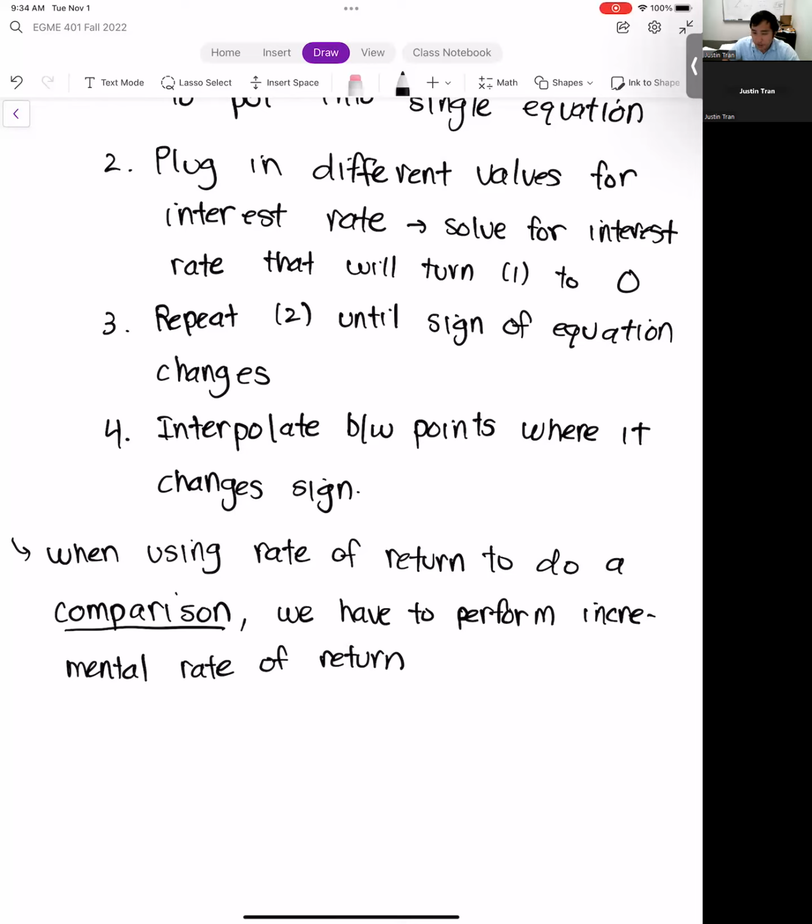And what that means is that instead of taking the rate of return individually for each option, we're going to take the difference between those two. Okay. And so for this one, the important thing is that you're not supposed to take the rate of return of each individual option. Okay.